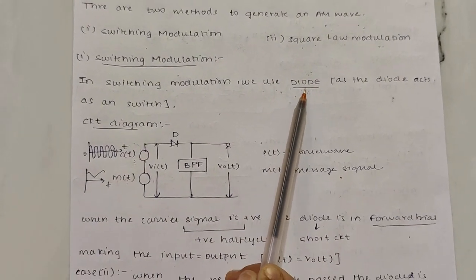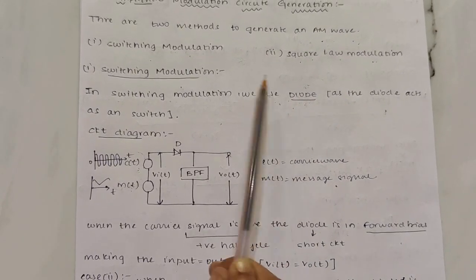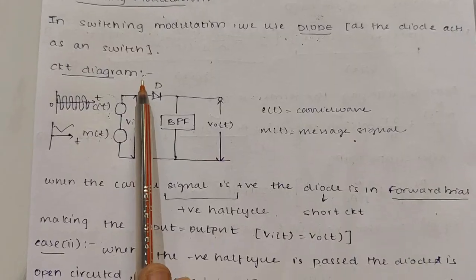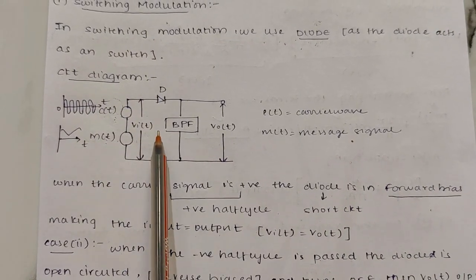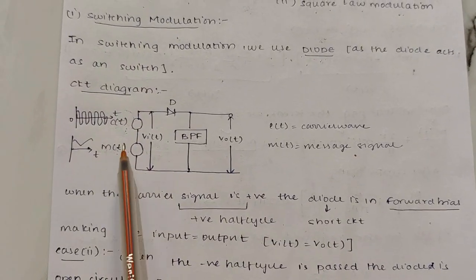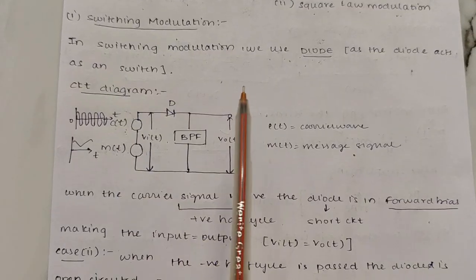As we know, the diode acts as a switch, so that is the reason we are using a diode in switching modulation. Let us see the circuit diagram. In the circuit diagram, at the input side, that is Vi of t, we will have a carrier wave as well as a message signal. Why do we have a carrier wave?